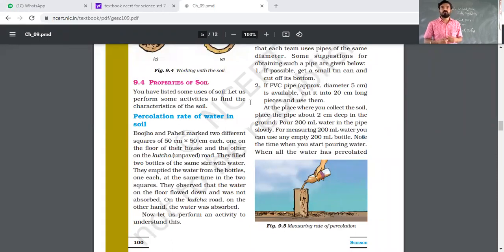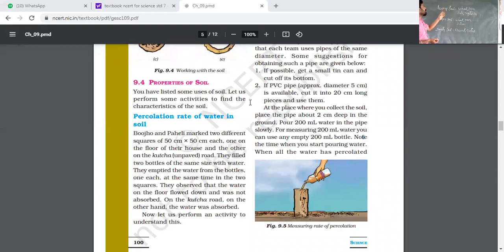So these soils are important. How is it identified? First, we have the soil which has a large amount of particles, or a fine amount of particles, or a mixing of large and fine particles.